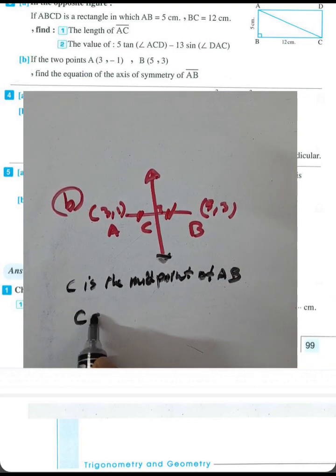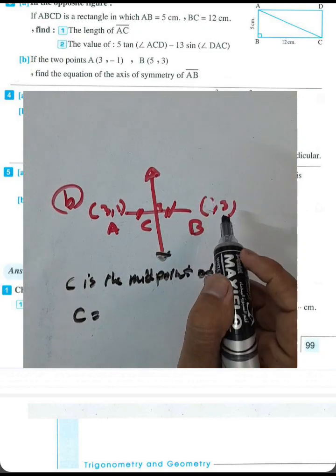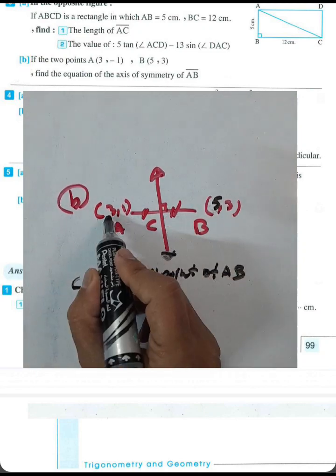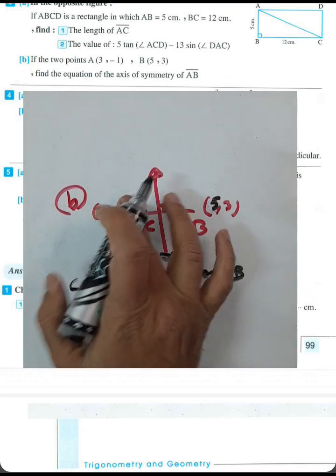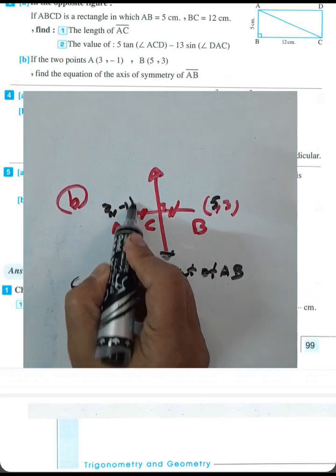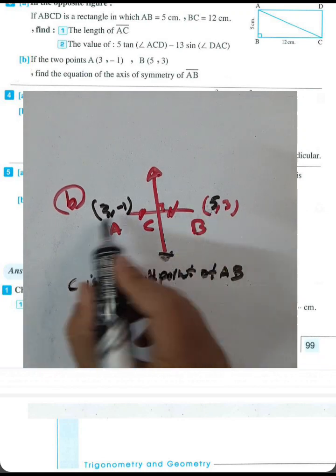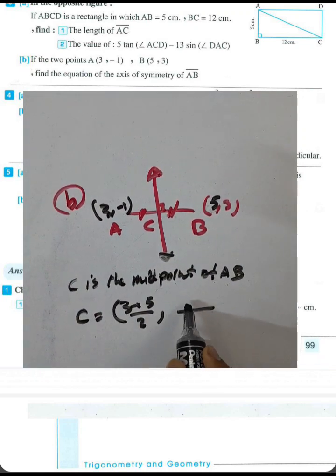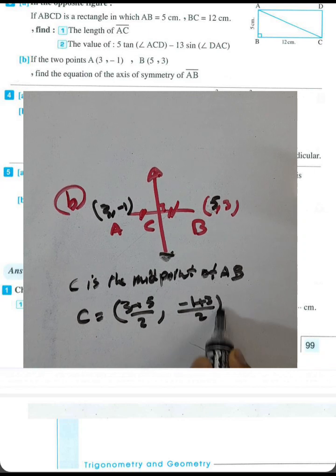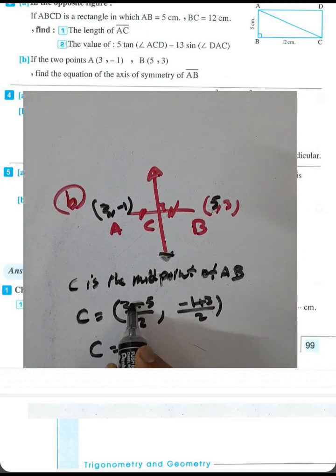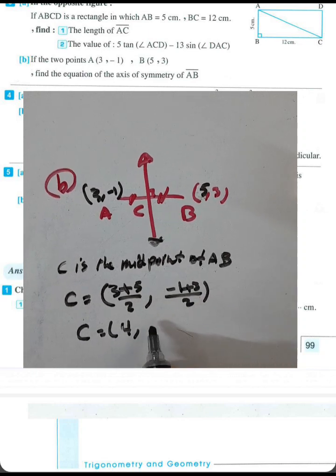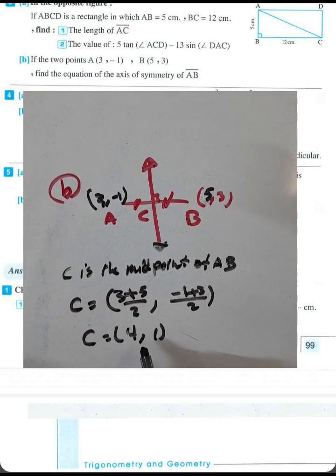Then the coordinates of C equal, pay attention with me: 3 plus 5 divided by 2, and negative 1 plus 3 divided by 2. 3 plus 5 is 8, 8 divided by 2 equals 4. Negative 1 plus 3 equals 2, divided by 2 equals 1. Then the midpoint will be 4 and 1.